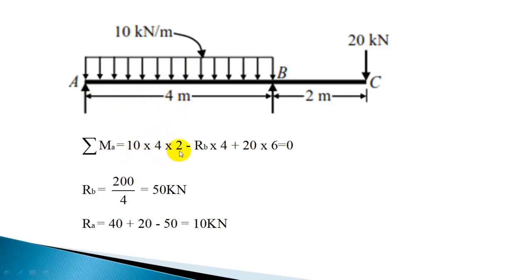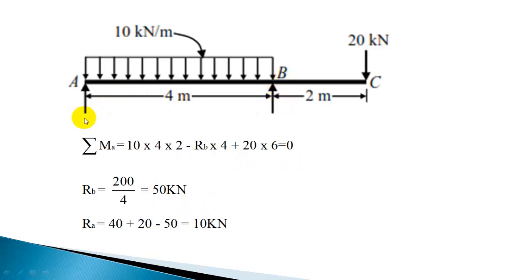So 10 into 4 into 2 is the moment produced by this load, minus Rb into 4, the distance is 4. This will produce a clockwise moment. So 20 into the distance is 6. So 20 into 6 is equal to 0. That's the moment summation. From this you get Rb as 50 kilonewton. So reaction at B is 50 kilonewton.